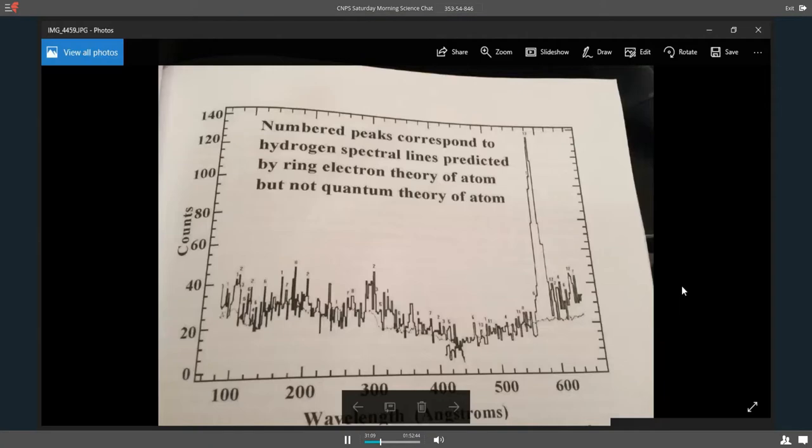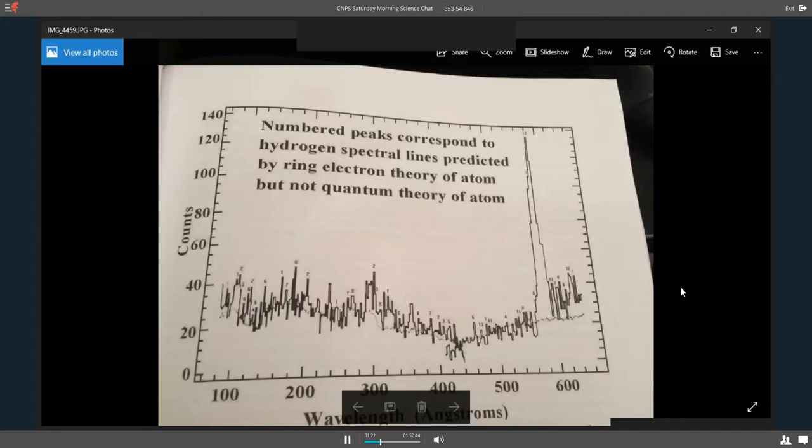So the challenge now to the politically correct models of the atom is that they can't explain a single line in the extreme ultraviolet for hydrogen or helium, and they involve in their theories assumptions that are known to be false.